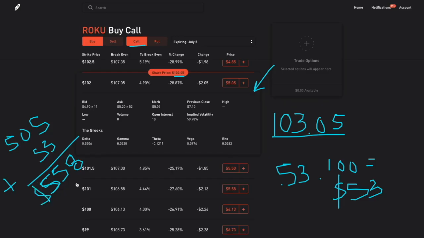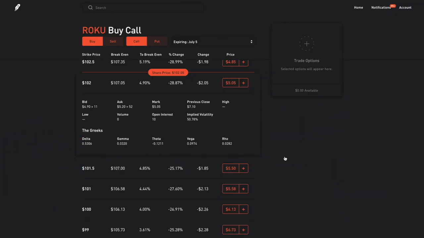However, if you had held this option overnight, say the stock didn't move to the 103.05 until the next day after you bought this option, are you still going to make $53? No, you're going to make $41. How did I come up with this number?